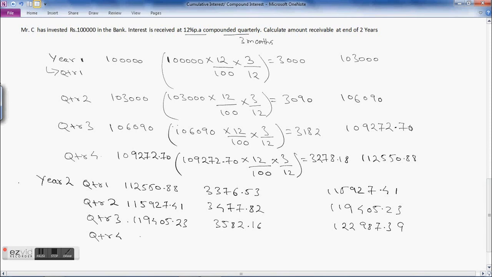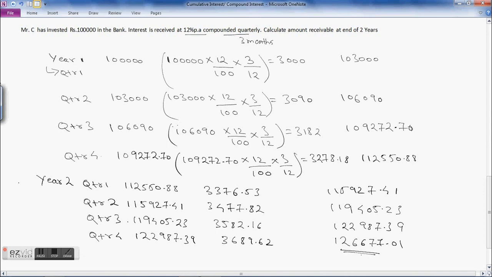At the end of quarter 4 of year 2, 122,987.39. On that interest, 3689.62, and the amount is 126,677.01.